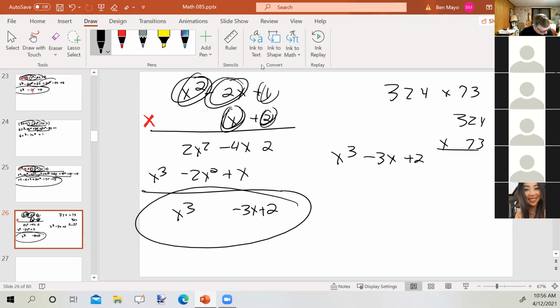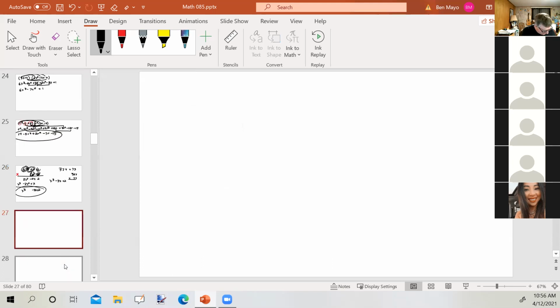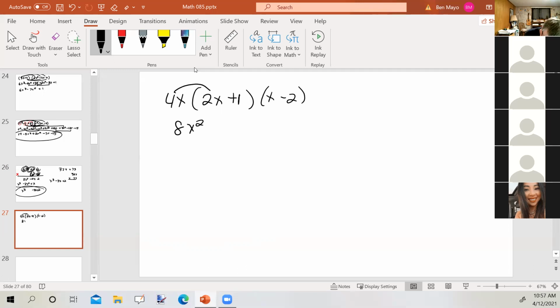So anyway, now we're going to multiply 3 polynomials together. So I've got 4x, that's technically a monomial, 4x times 2x plus 1 times x minus 2. Now, we can only multiply 2 of those factors together at once. So we're going to get 8x squared plus 4x.